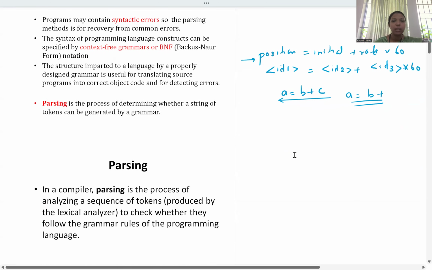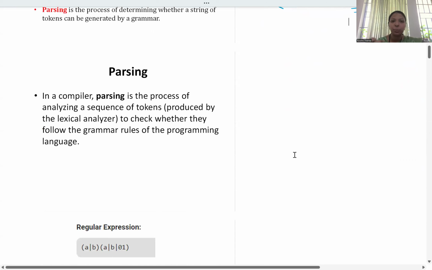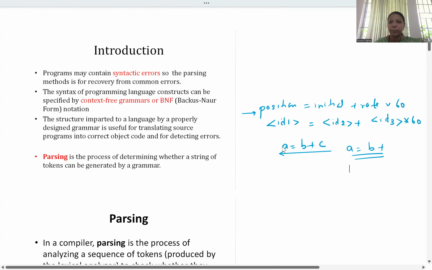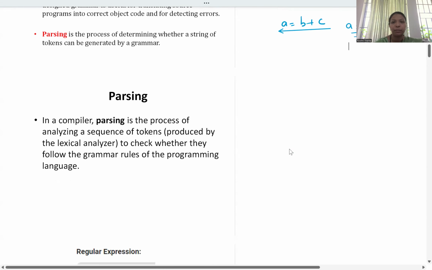What parsing actually does is process the sequence of tokens and check whether it is following all the grammatical rules of the programming language. That is the actual meaning of parsing. Parsing goes through the sequence of tokens, as we see here, and checks whether it is properly following the rules of the particular programming language. This process we call parsing.